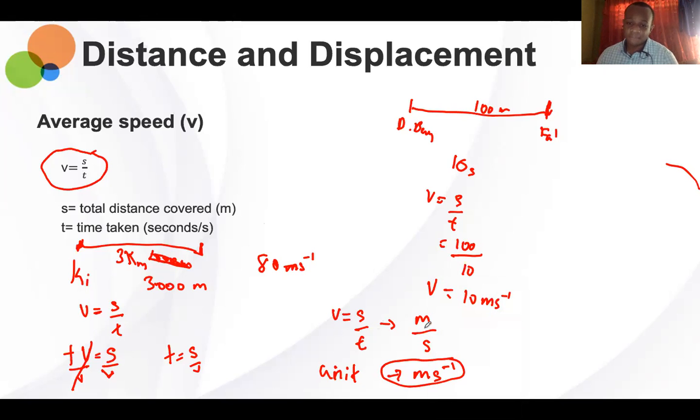But we want to put it in a presentable way, and since seconds is in the denominator, we attach this negative one to the seconds to show that it was in the denominator. Are we all seeing that? Yes, sir. All right, beautiful.